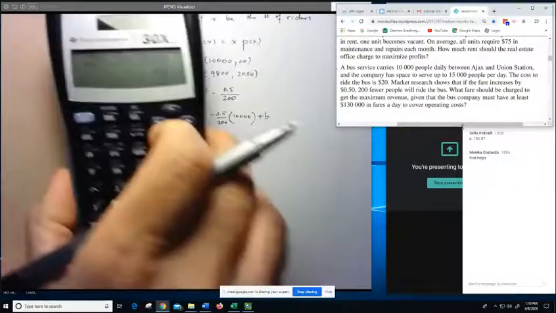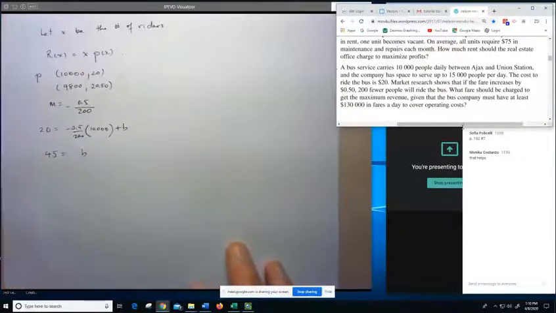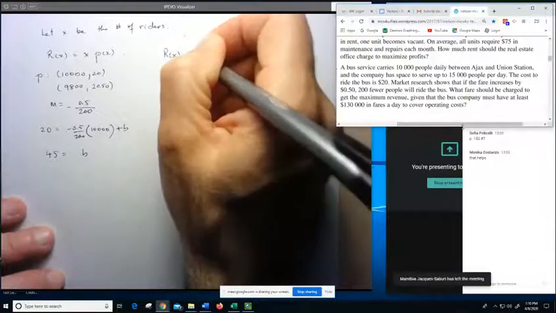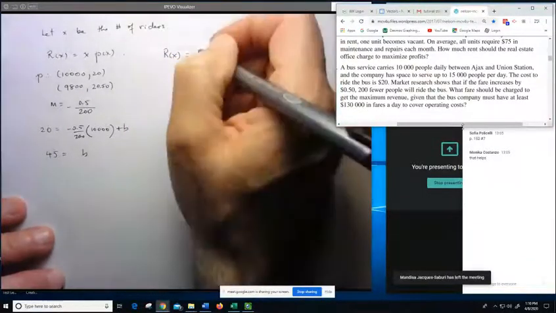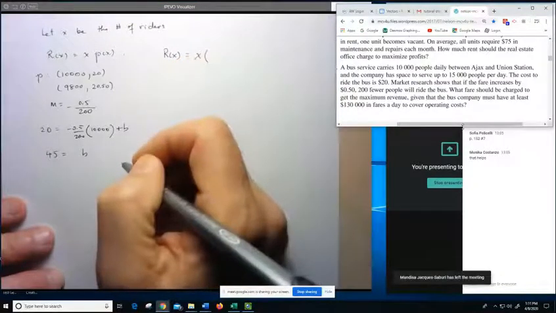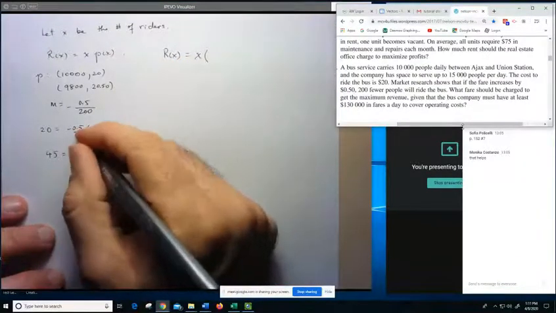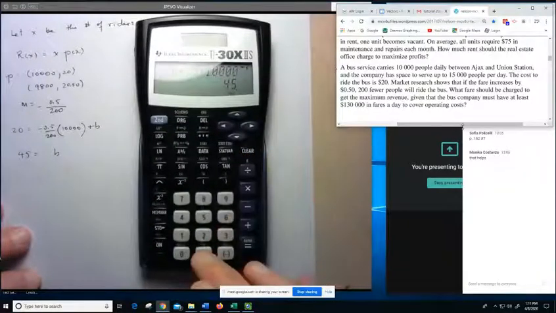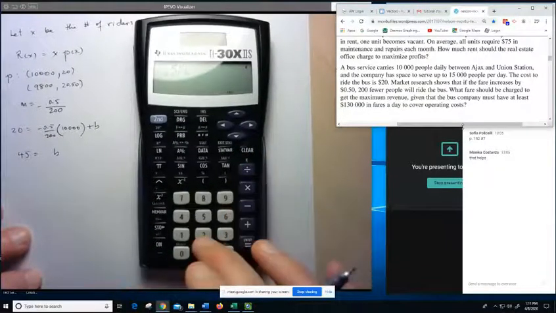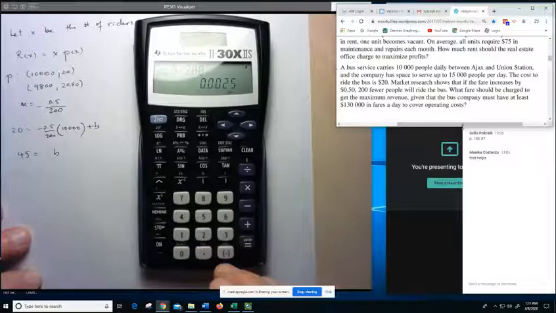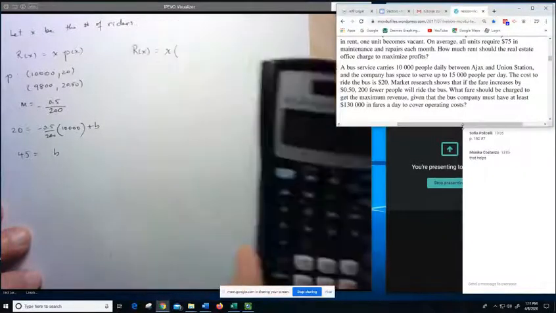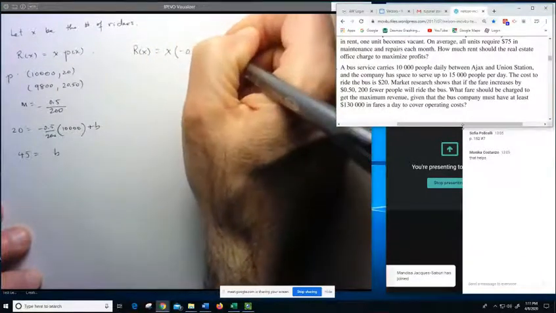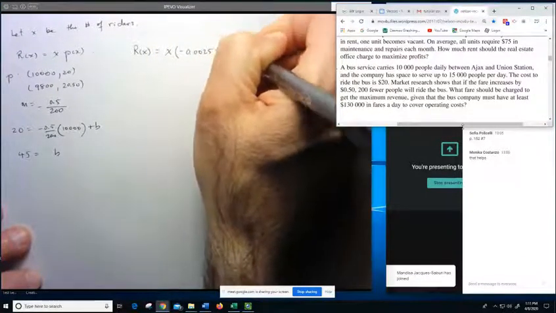Okay, so now that means we have our revenue function, which is going to be equal to, remember, we have X times, and what's our price function? Well, actually probably a good idea to simplify that. So 0.5 divided by 200 is equal to 0.0025. So we've got negative 0.0025x plus 45.